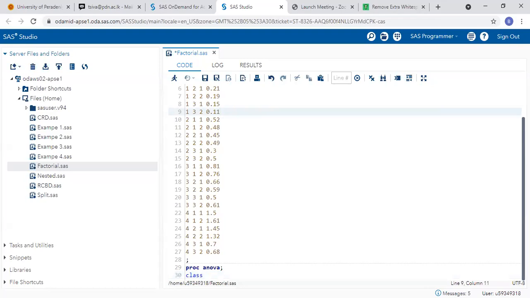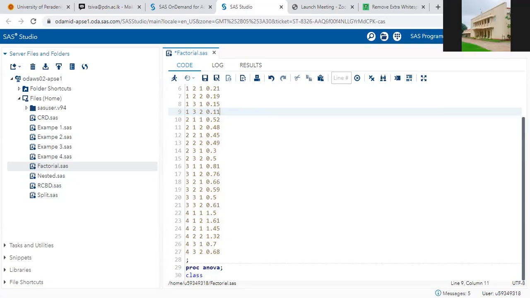Nadasara? Yes. Nadasara, tell me what are the classified variables in this example? What are the variables that we have categorized, coded in other terms? Factor A and B. Right, factor A, good, factor B. What else? One more.